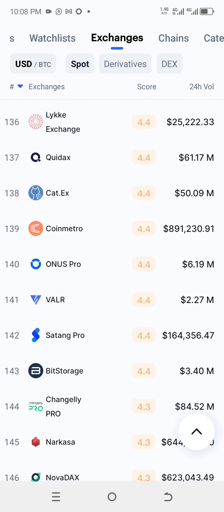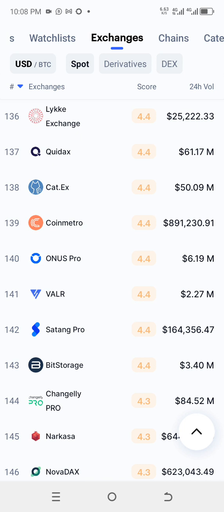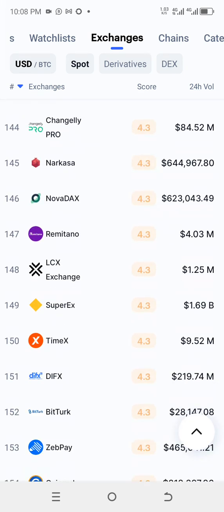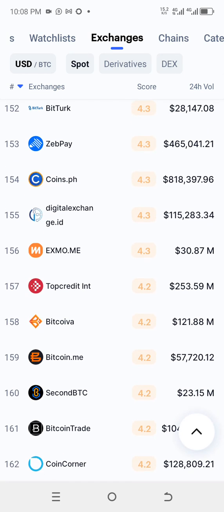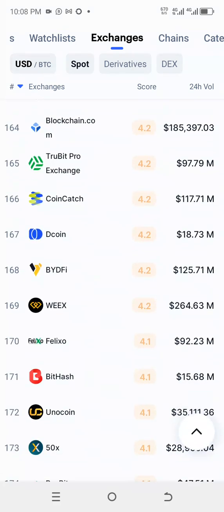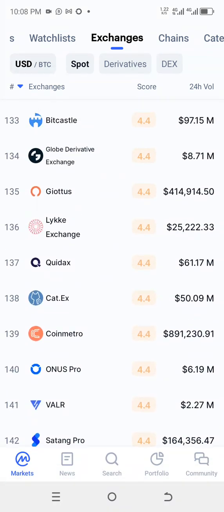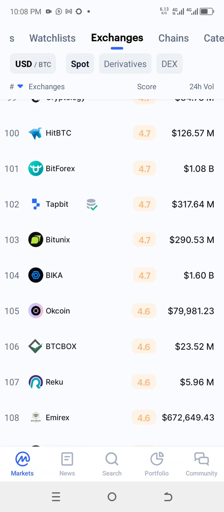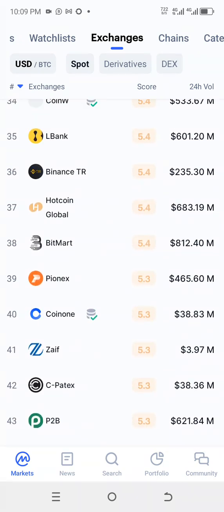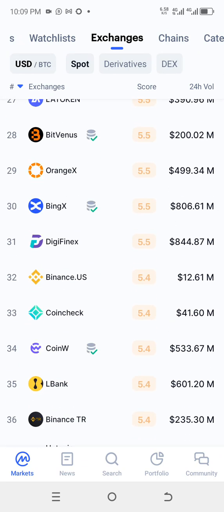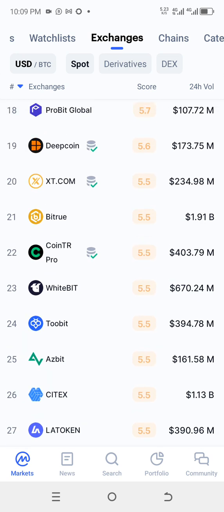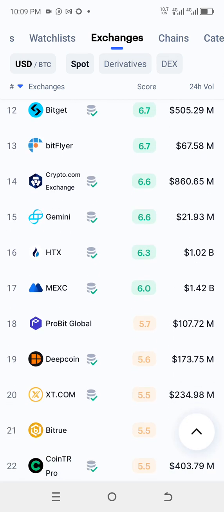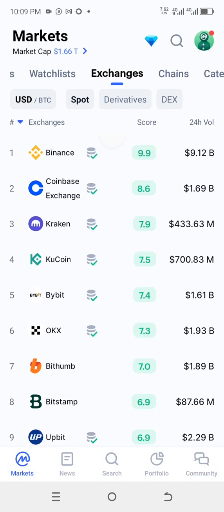You look for the particular exchange that you are using here and just pick it up. You can see there are a lot of exchanges here.